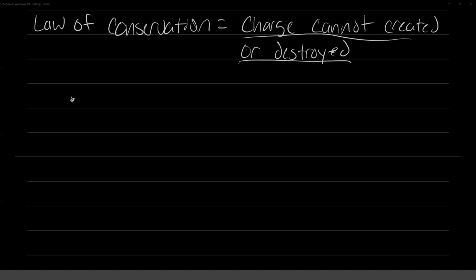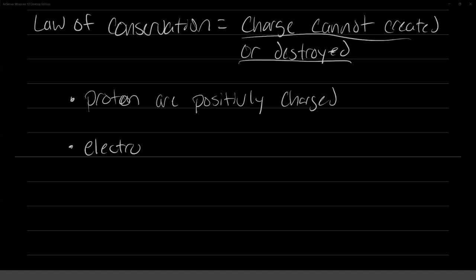So, protons are positively charged. If something has an excess of protons, it's going to be positively charged. And electrons are negatively charged. So something with a ton of electrons is going to have a negative charge.